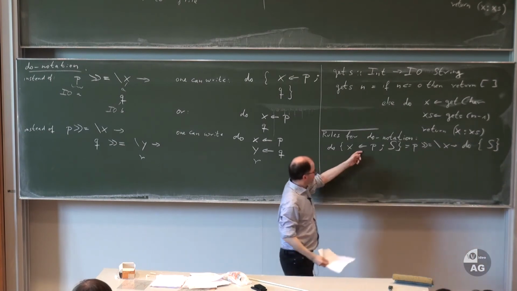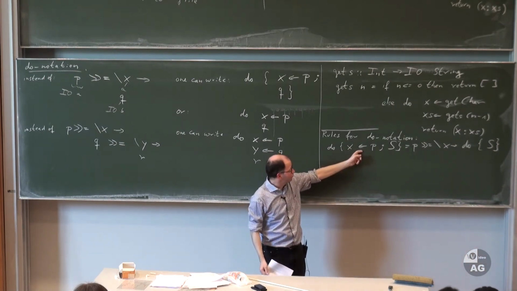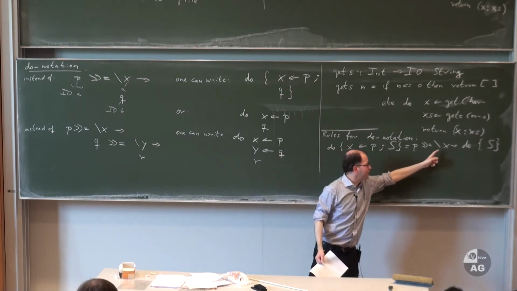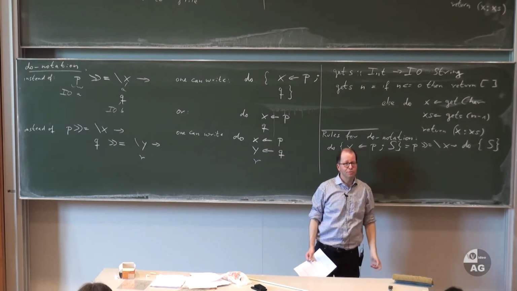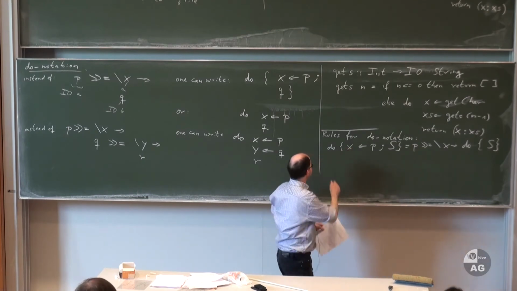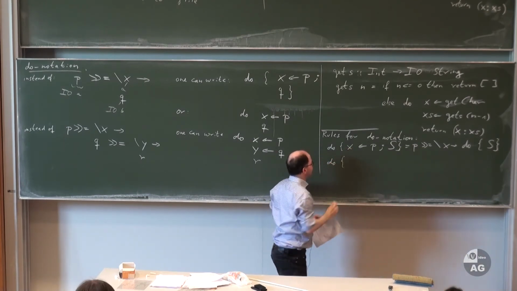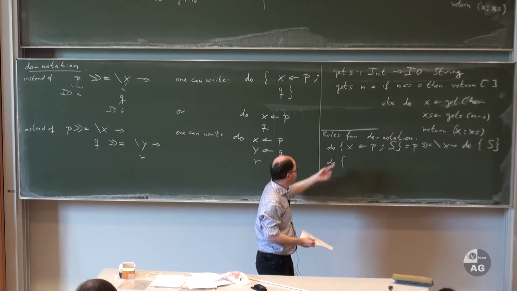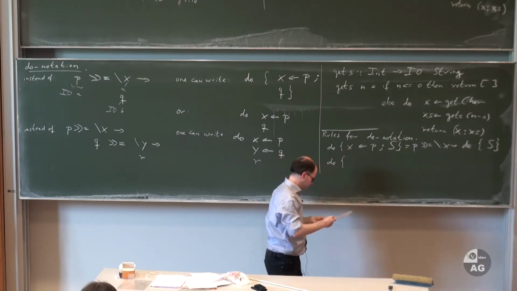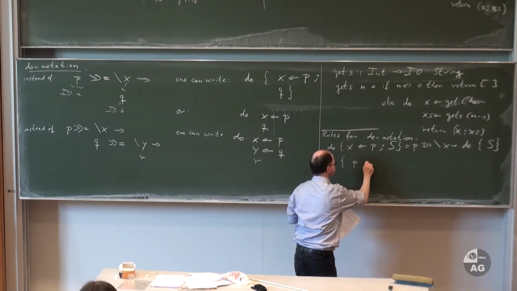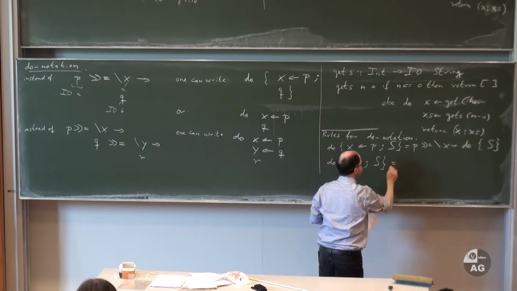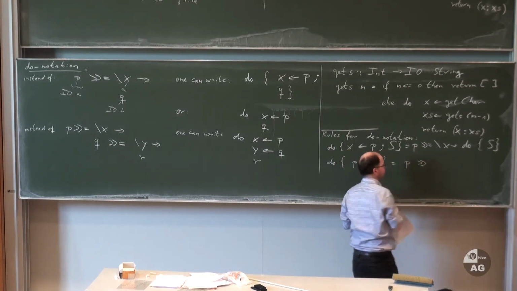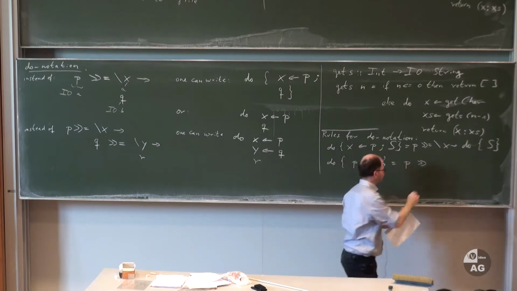So if the first statement in this do looks like this, X left arrow P, then this means P bind lambda X, and then continue. And if the first action does not look like this, but is just an action without a variable and left arrow, then this means do P first, ignore its encapsulated value, and then do the rest.